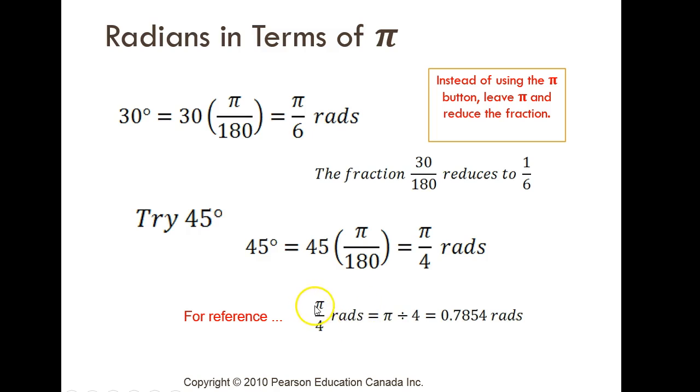Just to give you an idea, pi over 4 radians is approximately 0.7854 radians if you multiply it all out the way we've done in our other lessons. And these would be equal. This one's in terms of pi, and this was in decimal form that's been rounded. These are still both radian angles that are equal to each other.